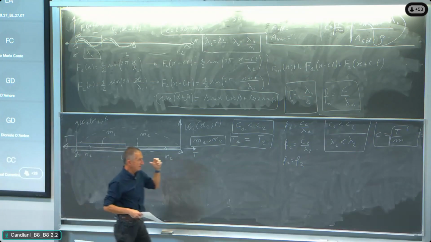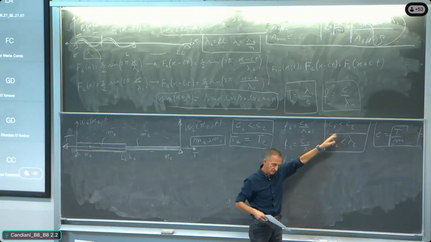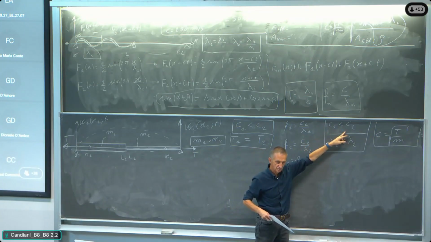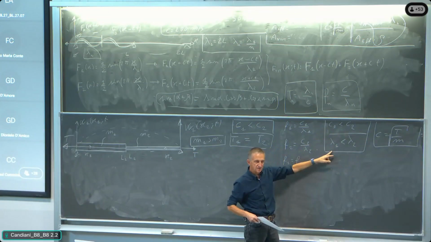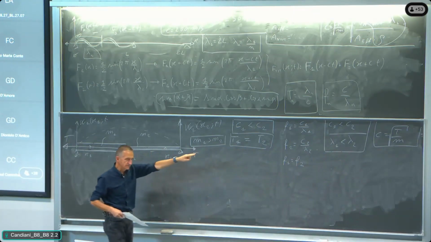And so the propagation, I said the frequency, I wanted to say the propagation velocity. So the propagation velocity in 1 is smaller than in 2, so that the wavelength in 1 is smaller than in 2, because the ratio must be the same.